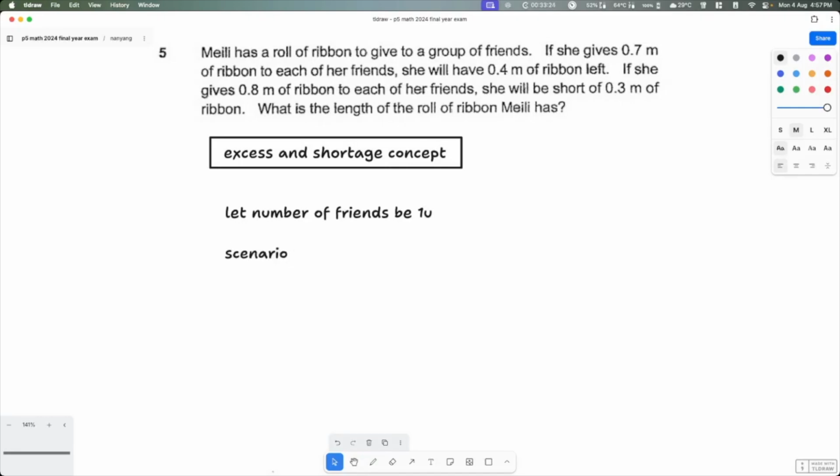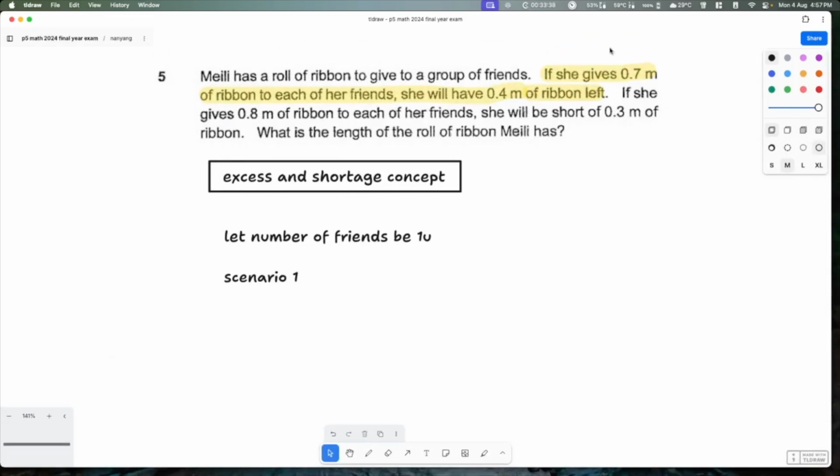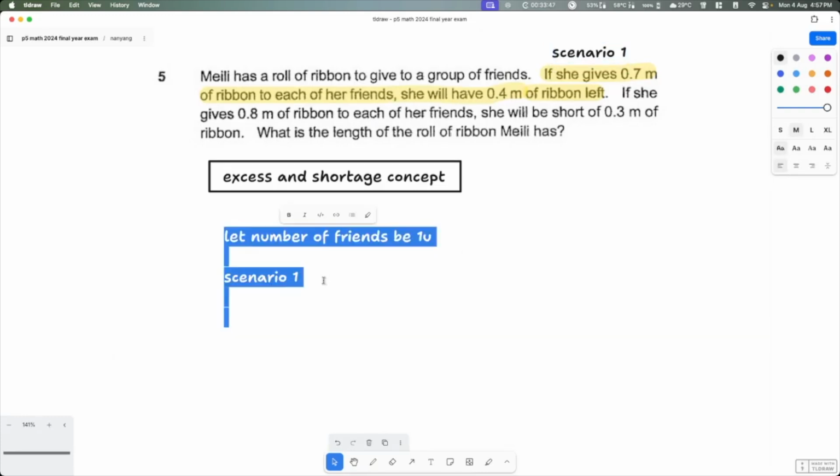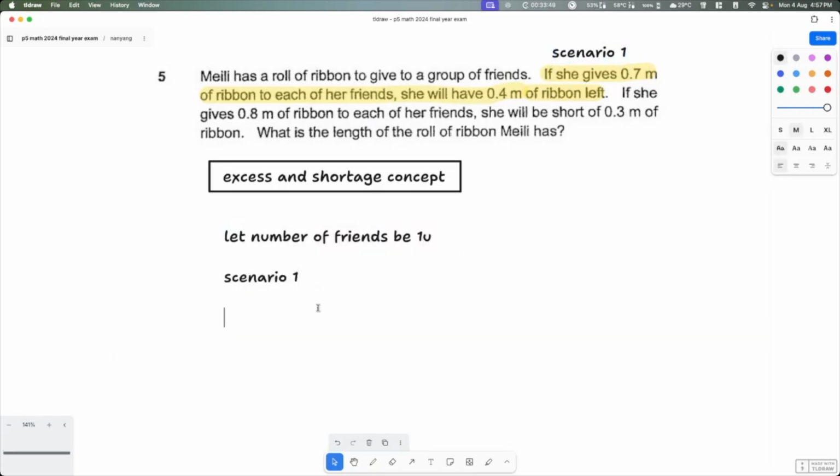Scenario one is if she gives 0.7 meters of ribbon to each of her friends, she will have 0.4 meters of ribbon left. So if she gives 0.7 meters to each of her friends, she's left with this.